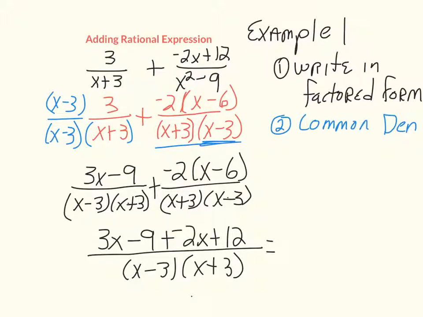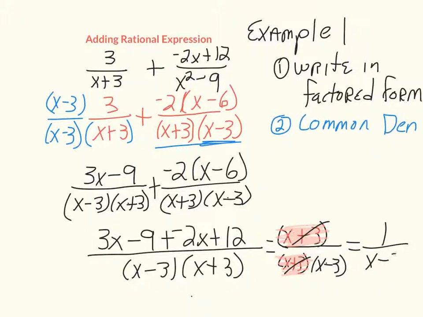That results in my denominator of x plus 3 times x minus 3, and my numerator is x plus 3. Now, since both the numerator and denominator have this entire factor of x plus 3, I can reduce those, and that leaves me with 1 over x minus 3.